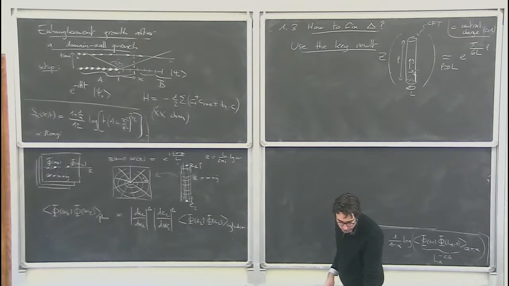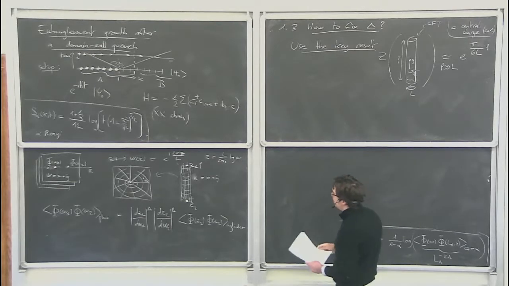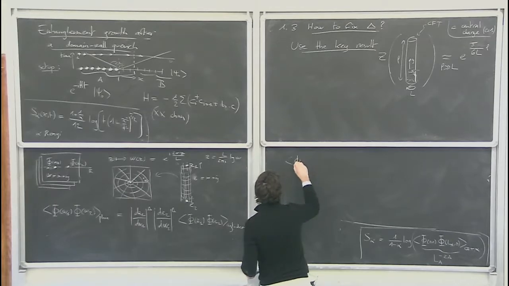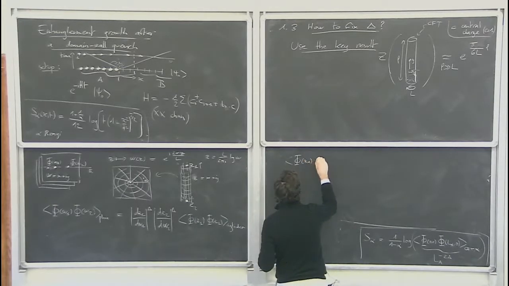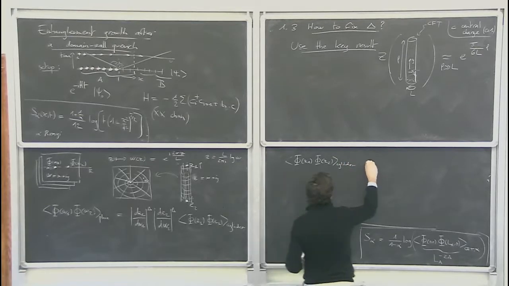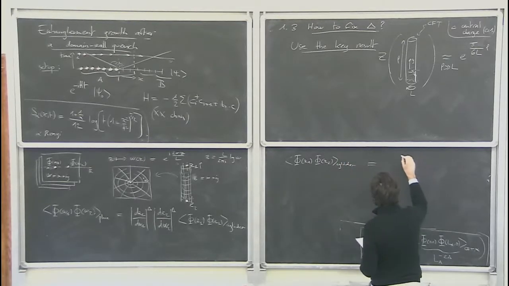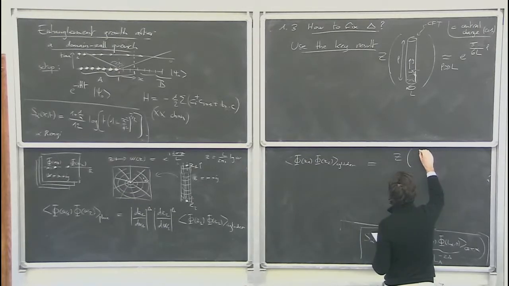Okay, so it's a correlation function, and a correlation function you can always write as a ratio of partition functions, on the cylinder. So this is a ratio of the partition function of my cylinder replicated alpha times.